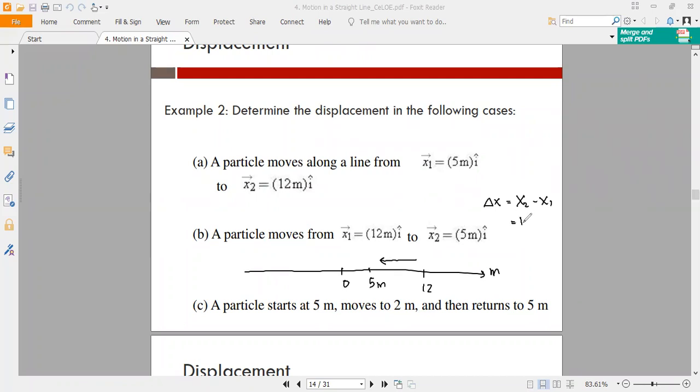So it should be 12i minus 5i. So it's 7i minus, wait, sorry, I think I made a mistake. It should be 5 minus 12. 5i minus 12i. So this is minus 7i. That means the object is moved to the right, to the left, sorry, to the left direction with a magnitude 7.